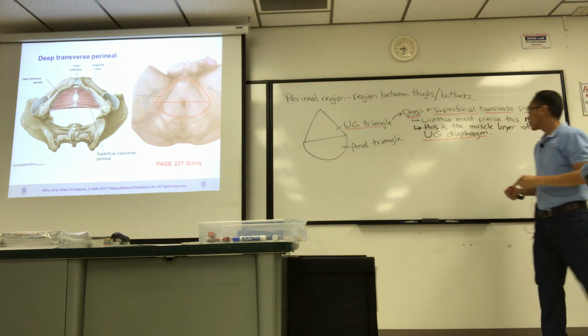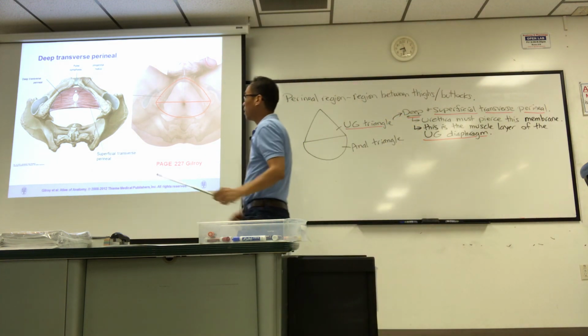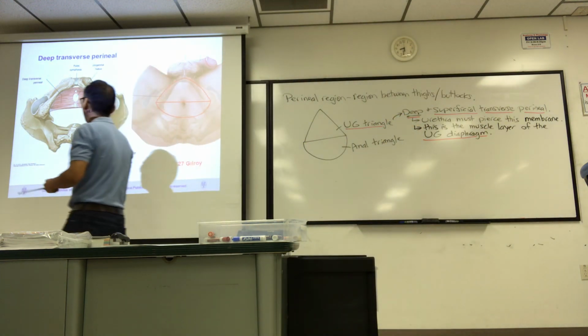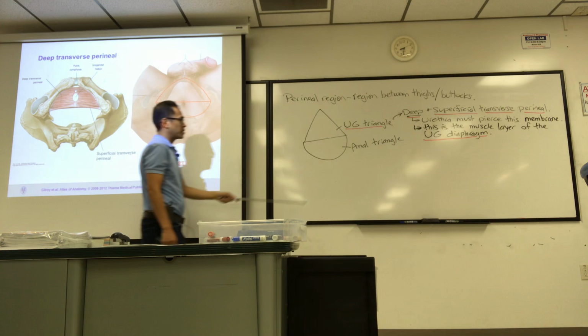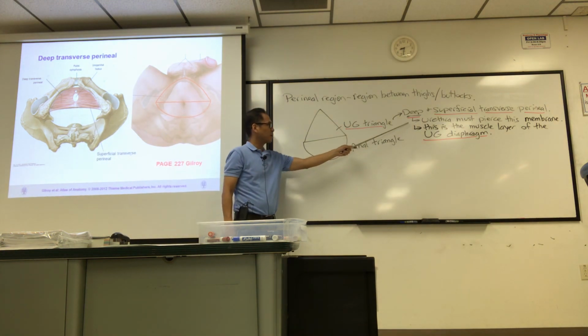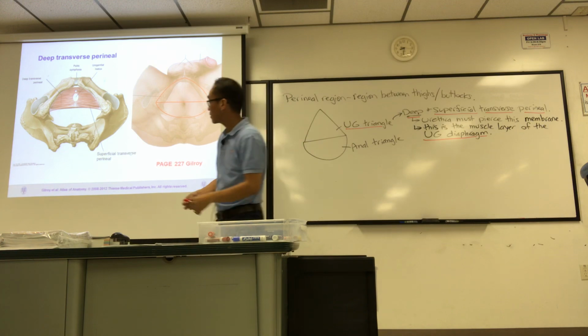The deep transverse perineal is the significant part of the UG diaphragm. The superficial is just a little band, but it's there, so you should know what it is. And the whole point of knowing it for repro is that the urethra has to pierce it so that ejaculation can take place.